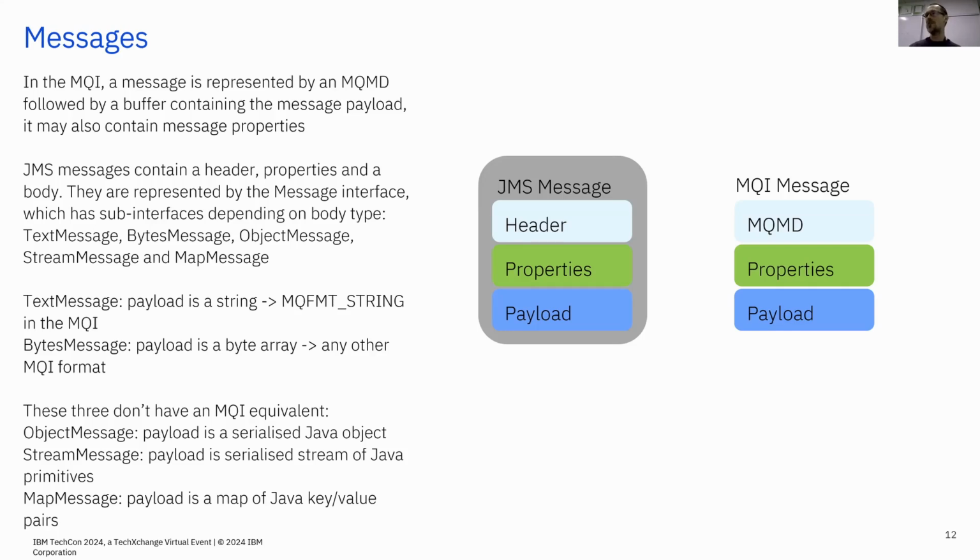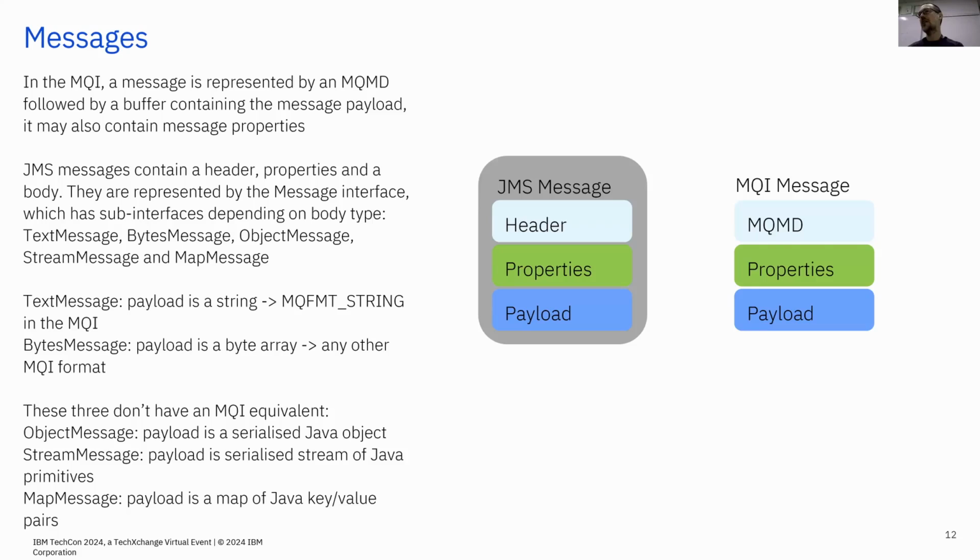Then there's the payload, which is typically a message buffer, and then optionally there are message properties as well. You have to have the MQMD, and you almost always have a real payload, as normally you send something in your message. The message properties, however, are entirely optional, and they're relatively recent for the MQI. So we don't tend to see that many customers using them yet. They are used, but it's not really common in my experience.